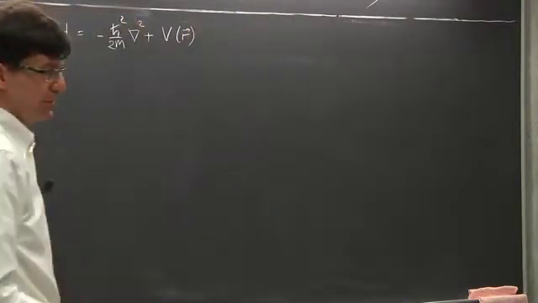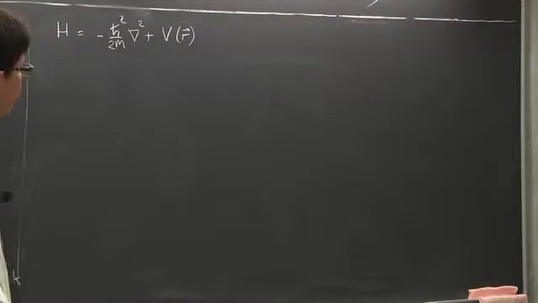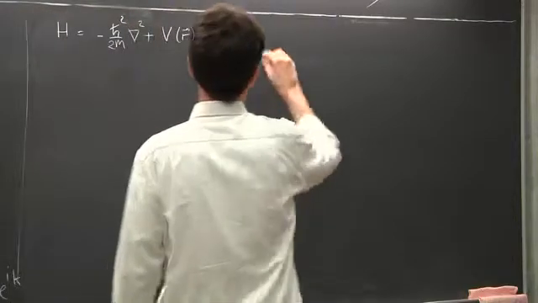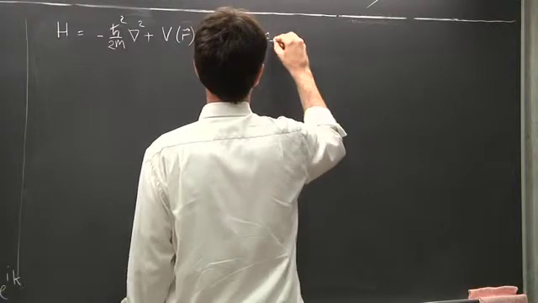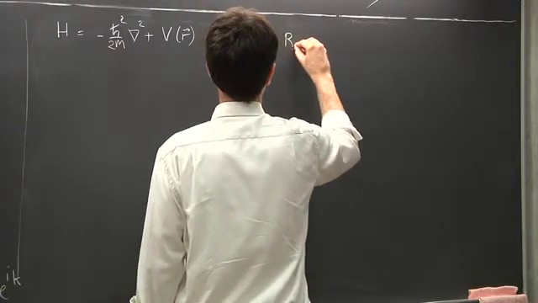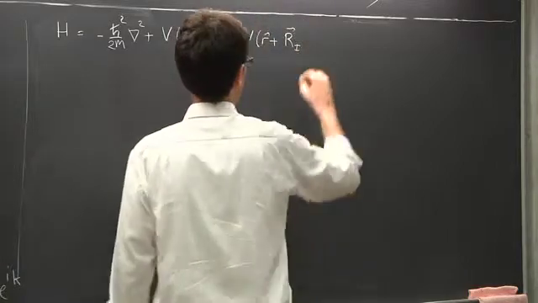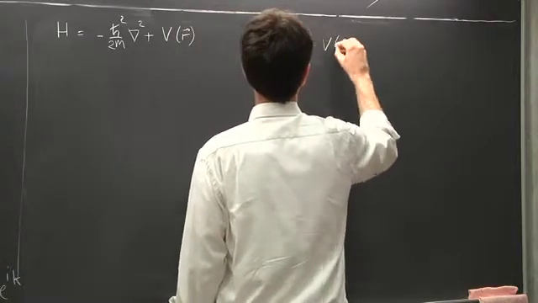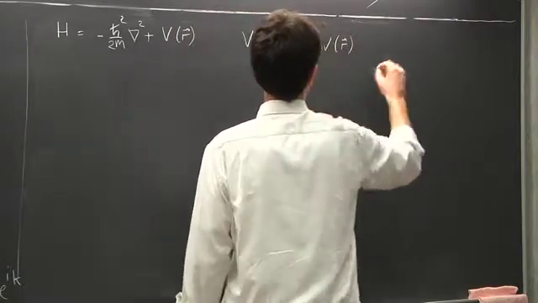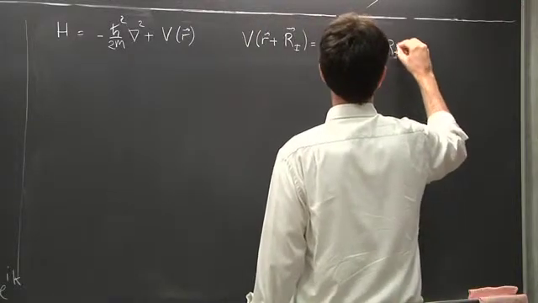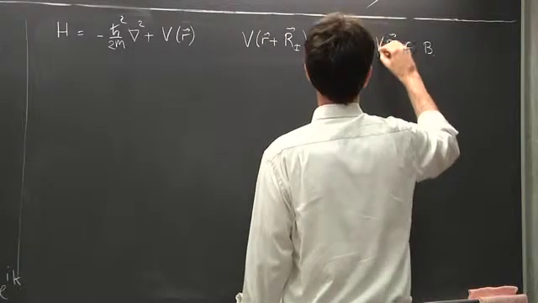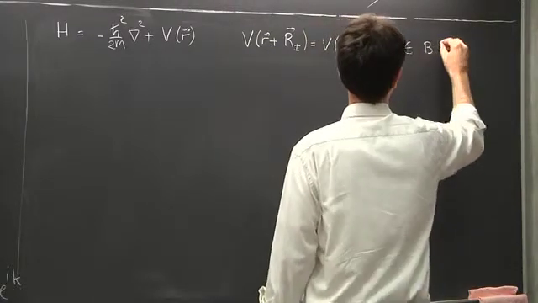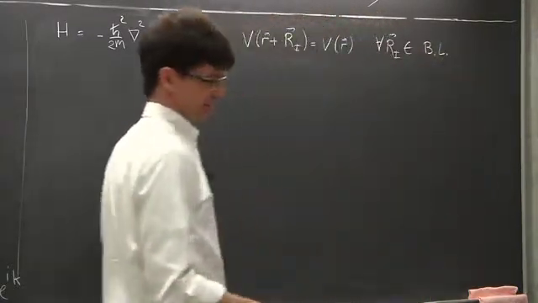It's a three-dimensional Hamiltonian which has a very important property. V of R plus Ri is equal to V of R, for any Ri belonging to a given Bravais lattice.